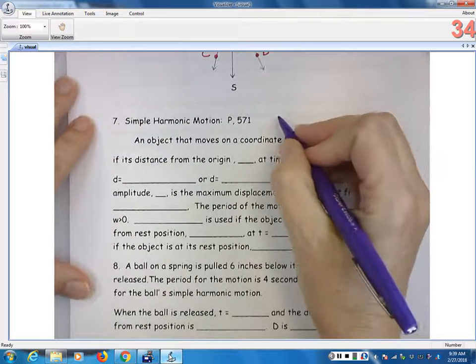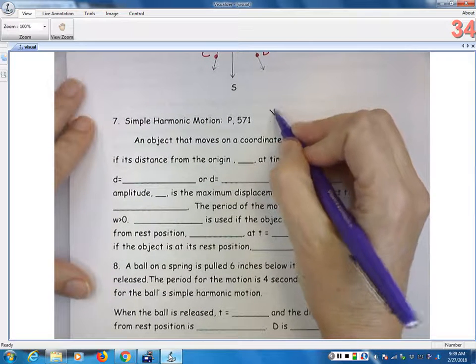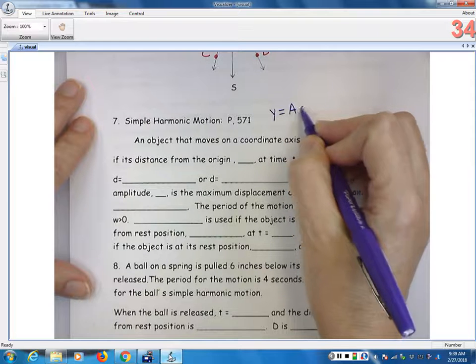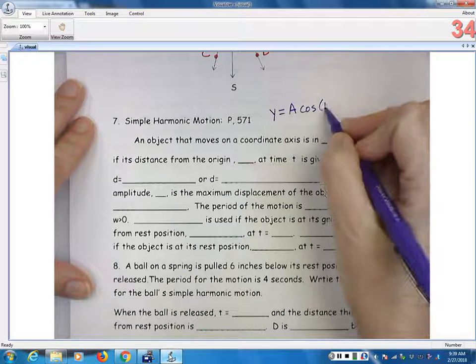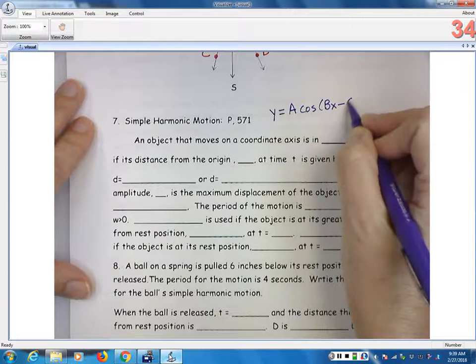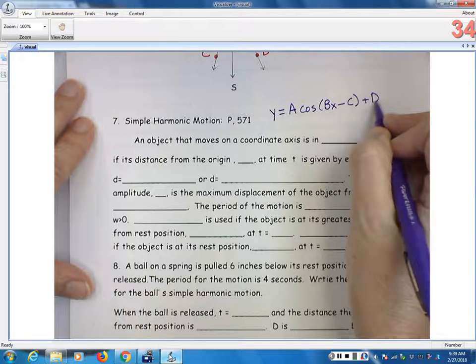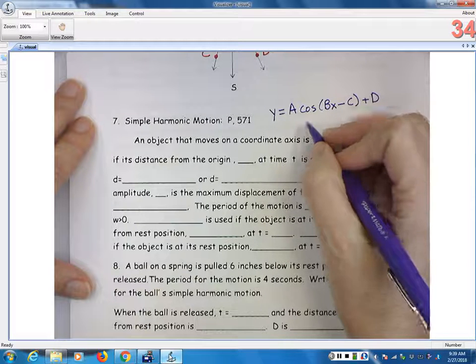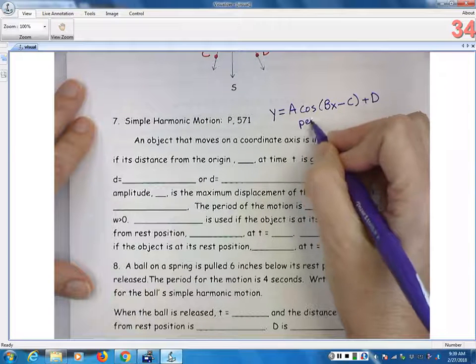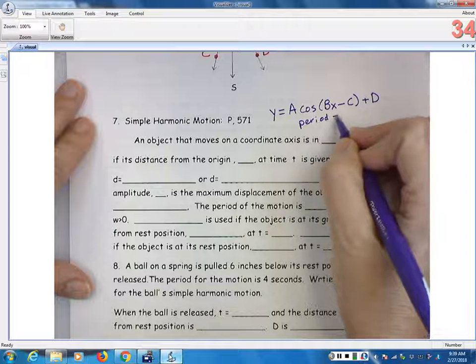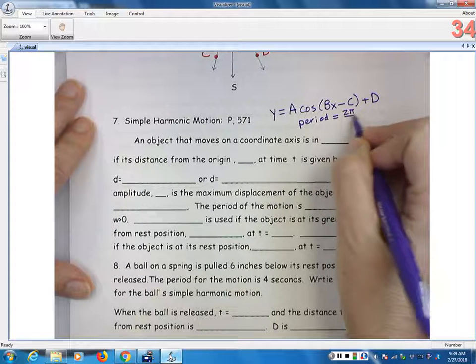Remember that y equals a cosine of bx minus c plus d, and the period is 2 pi over b.